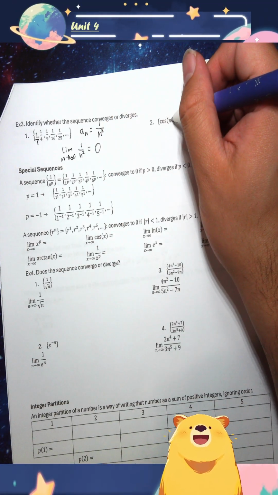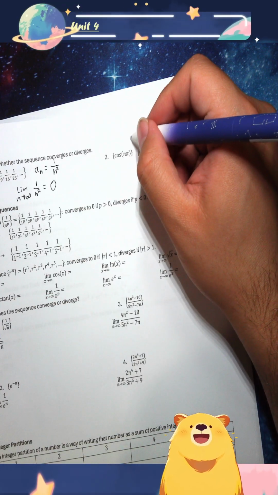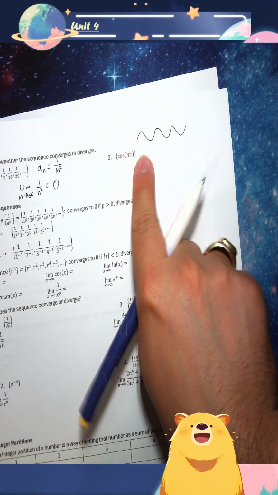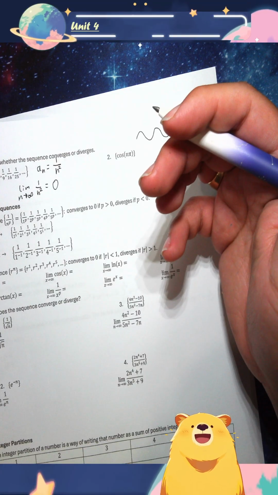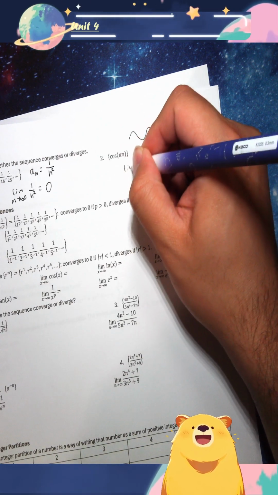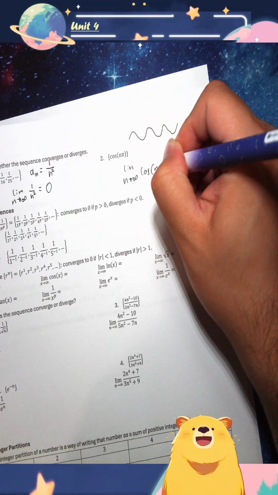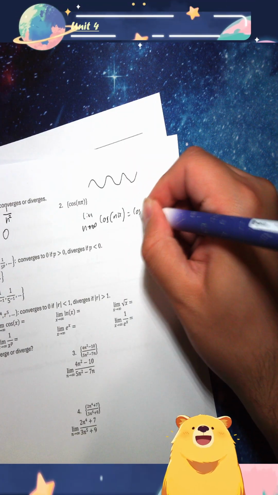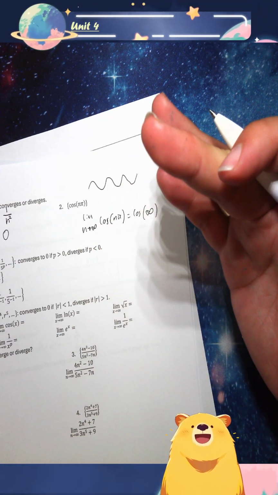How about cosine of n pi? Well, cosine's a bit trickier, but we know that cosine typically behaves in this up and down format. It doesn't really have a limit. Here, we also see that this doesn't help us at all. It just puts n in terms of pi, which really just shifts the graph a little bit, but it's still making the same loop. So the limit as n goes to infinity of cosine of n pi can technically be rewritten as cosine of infinity, since n pi still goes to infinity.